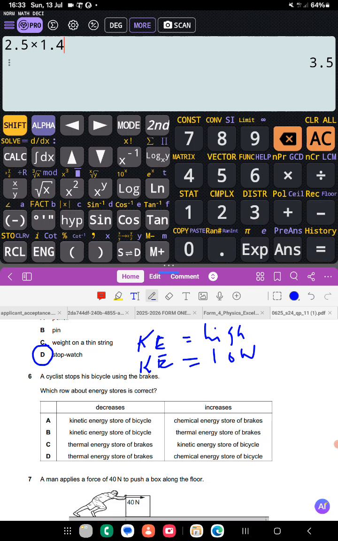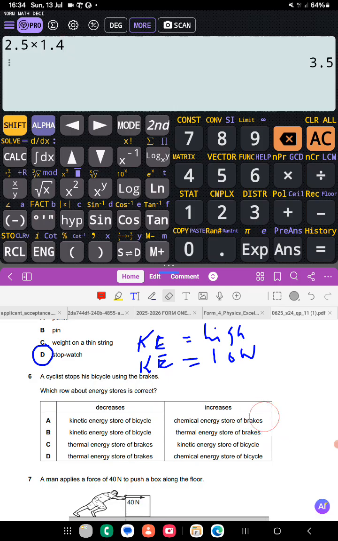All right. So we are asked to say which row about energy stores is correct. A says the kinetic energy store of the bicycle decreases, yes, and the chemical energy store of the brakes increases.